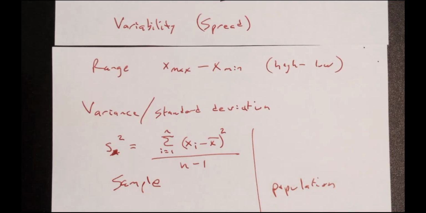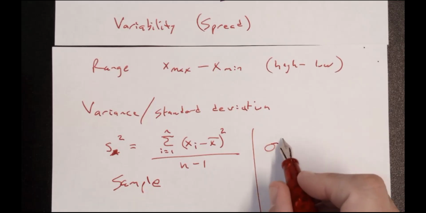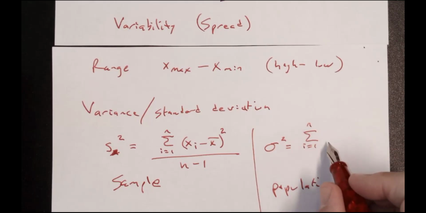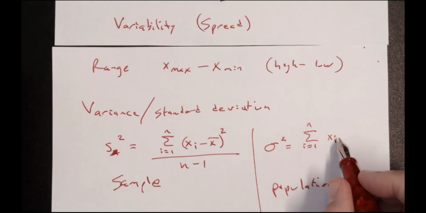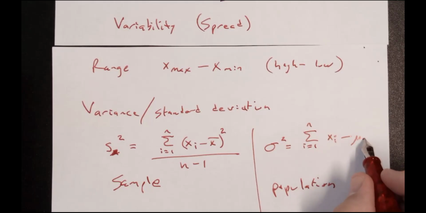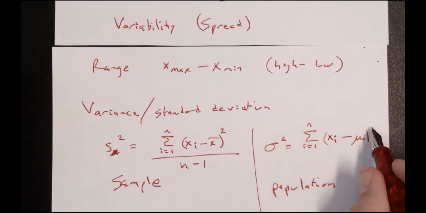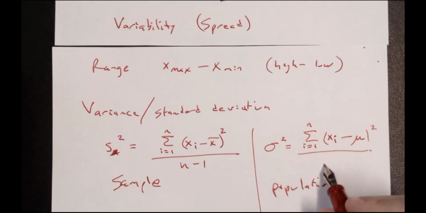I'm just going to replace the letters with Greeks, and I'm going to replace my sample with a population.